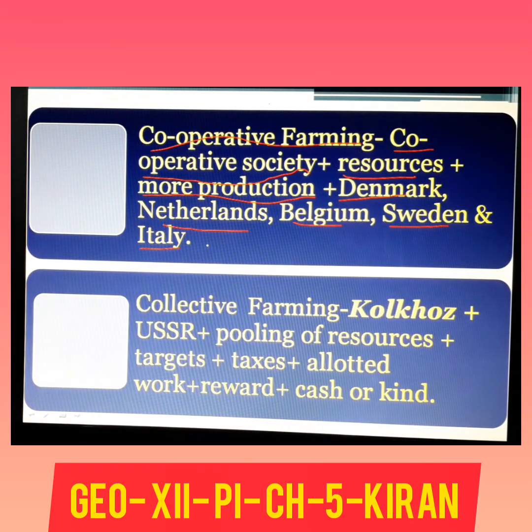In some of the states of India, cooperative farming is also practiced. Next, we have collective farming. This was practiced in erstwhile USSR. It is also called kolkhoz. Here, also there is pooling of resources. There is no individual ownership of land.